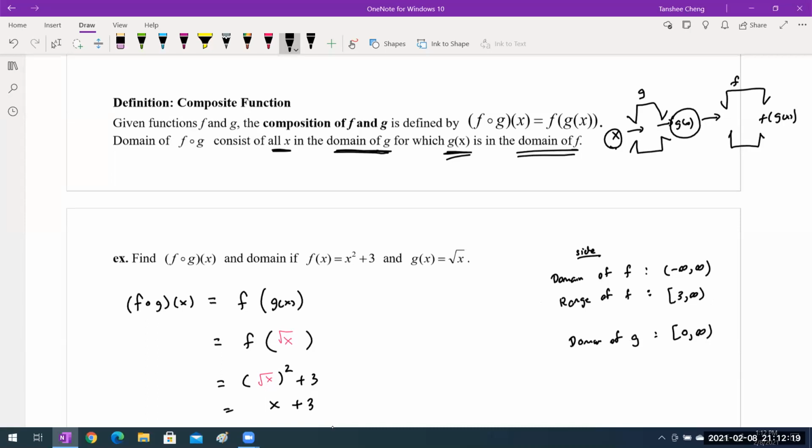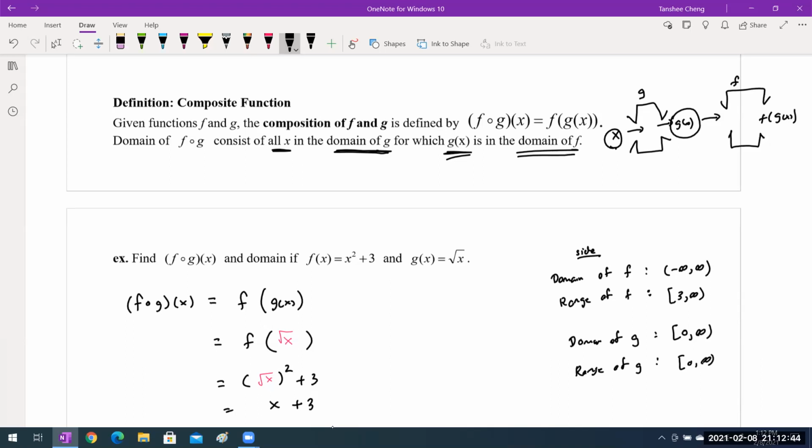So let's take a look at this. My domain of g is from 0 to positive infinity because it's a square root. My range of g is also 0 to positive infinity.